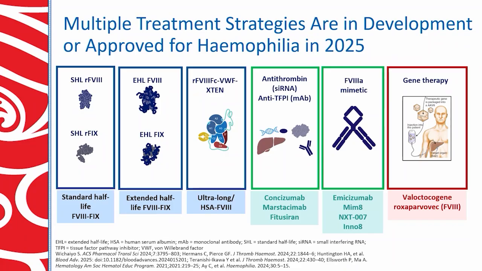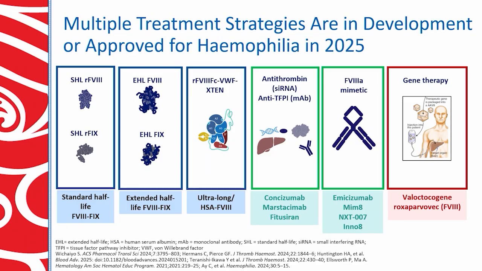This is also true for the ultra half-life prolongation product, efanesoctocog alfa, which is now available, providing high factor VIII levels and which is traditionally used once weekly. Gene therapy has been licensed for both hemophilia A and hemophilia B, but let's focus on the non-factor therapies.